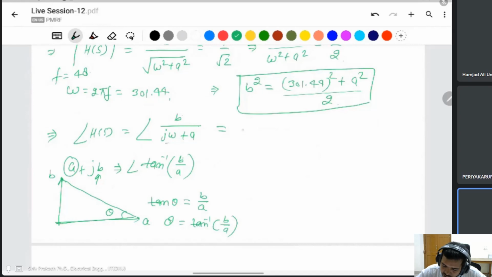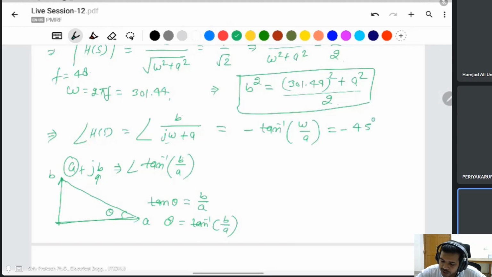Then the angle of this one is, sorry, the B angle is 0. This will be the minus of tan inverse omega by A. It will be given as the phase shifting of minus 45 degree.